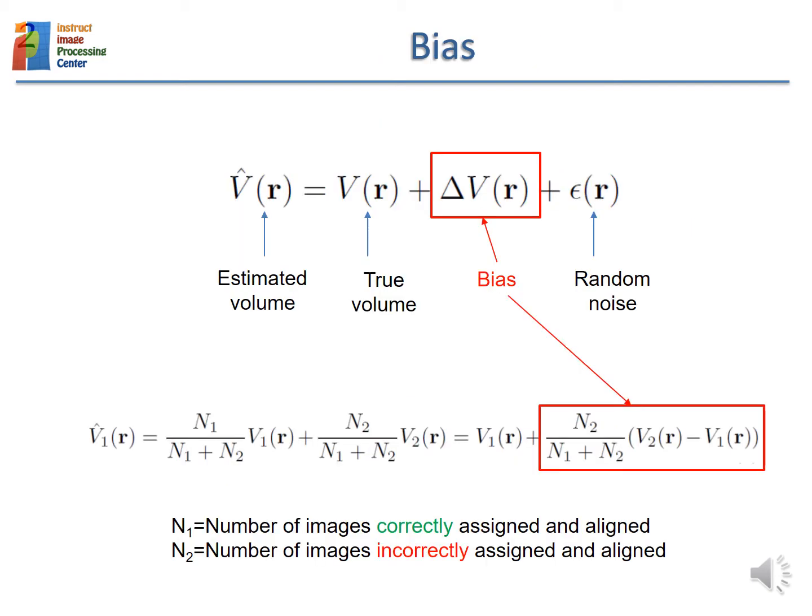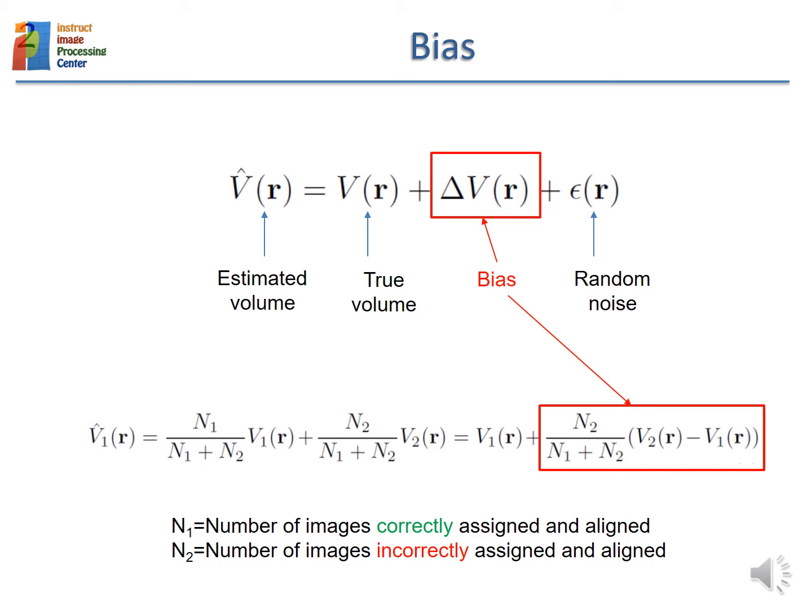So the bias is the difference between the true volume and our estimated volume. And besides this difference, which we can think of as a deterministic thing, we have the random noise.